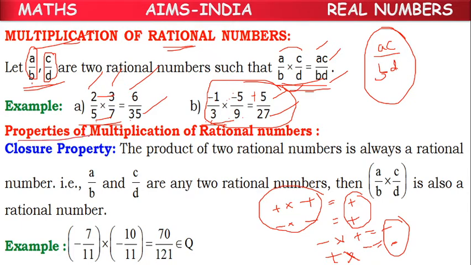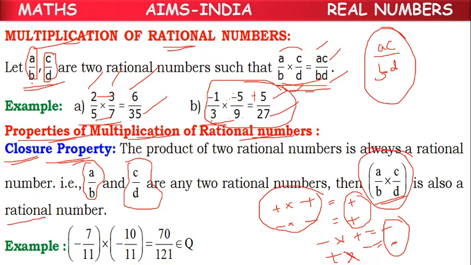So let's see the properties involved in the multiplication of rational numbers. What is the first property? Closure property. What does it mean? If we have two rational numbers, a by b and c by d, and their product is also a rational number, then we can tell that they follow the closure property under multiplication.